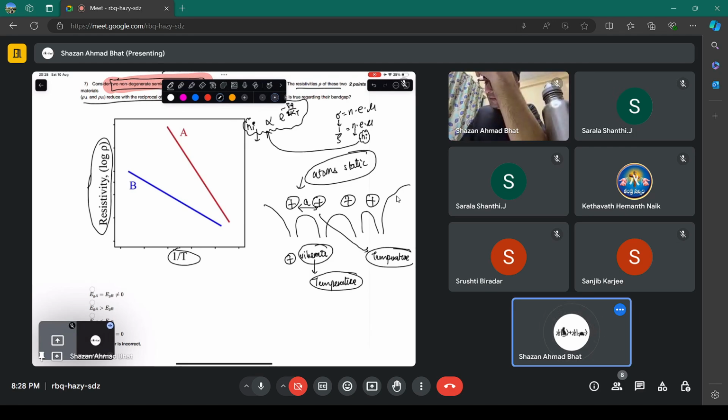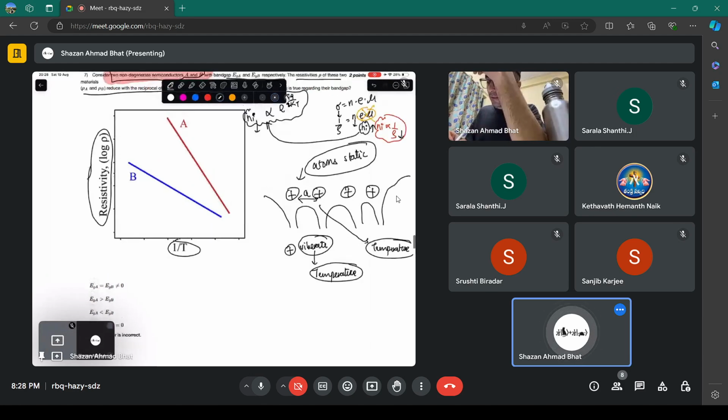That means if you consider these to be constants, let's say, that means Ni is inversely proportional to resistivity. इसका मतलब ये हुआ कि if Ni increases, resistivity will reduce. A simple explanation because the conductivity increases. Now you do the opposite thing as that of the previous question here.